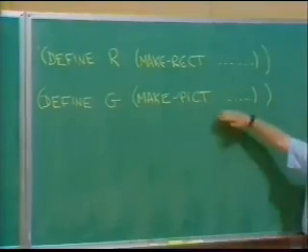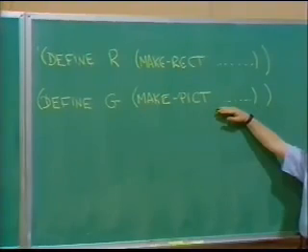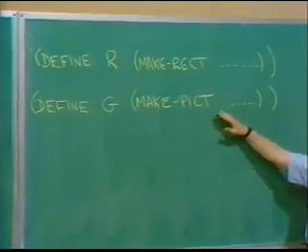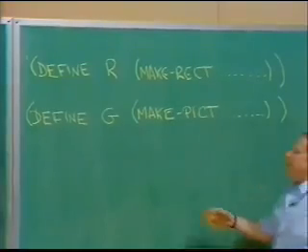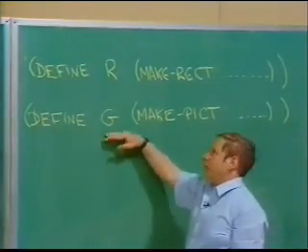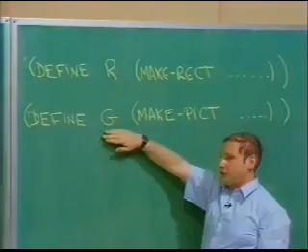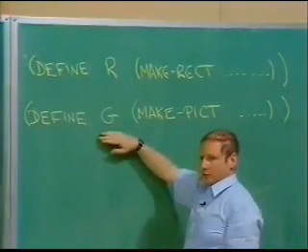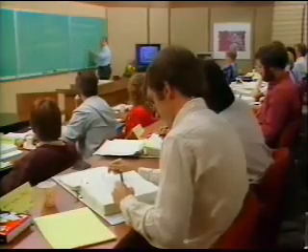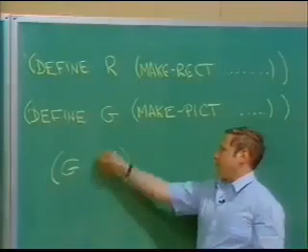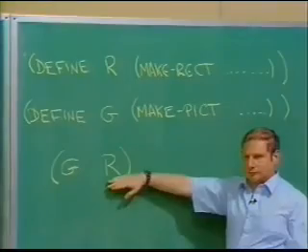What I have to specify here is a list of line segments, using make segment. And make segment might be made out of vectors, and vectors might be made out of points. And then if I actually wanted to see the image of G inside a rectangle, well, a picture is a procedure that takes a rectangle as argument. So if I then called G with an input of R, that would cause whatever image G is worrying about to be drawn inside the rectangle R. All right, so that's how you use that.